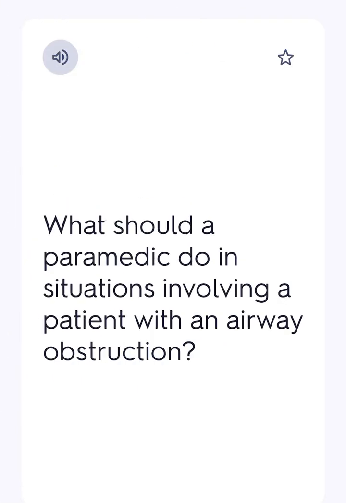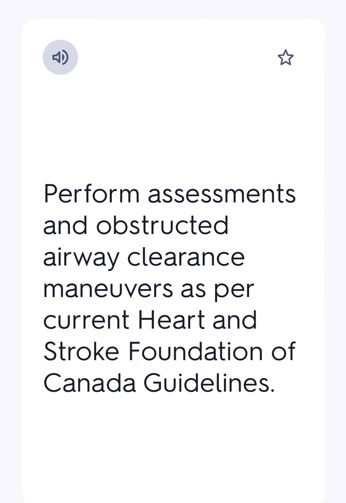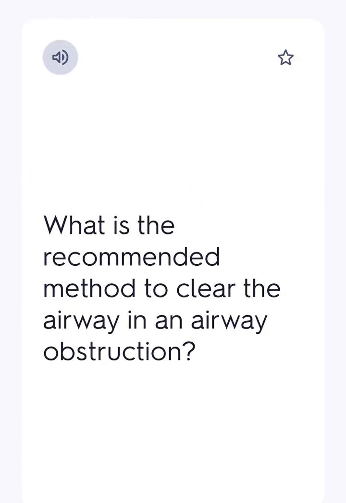What should a paramedic do in situations involving a patient with an airway obstruction? Perform assessments and obstructed airway clearance maneuvers as per current Heart and Stroke Foundation of Canada guidelines. What is the recommended method to clear the airway in an airway obstruction?